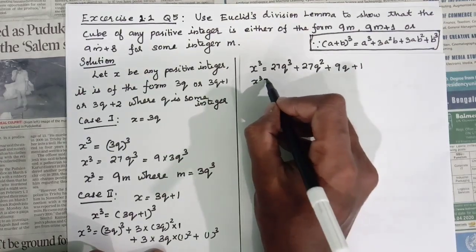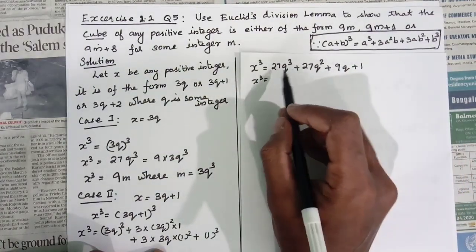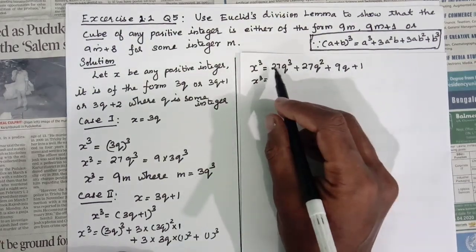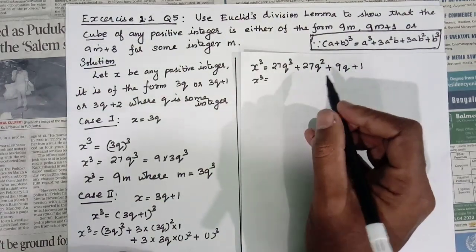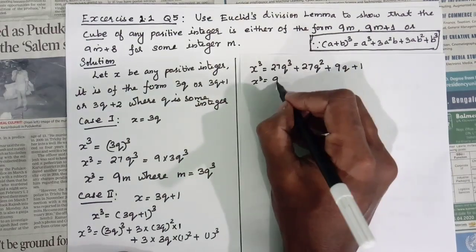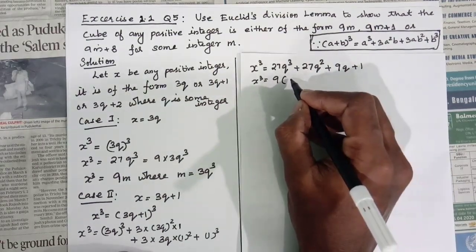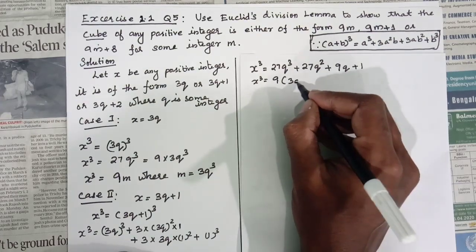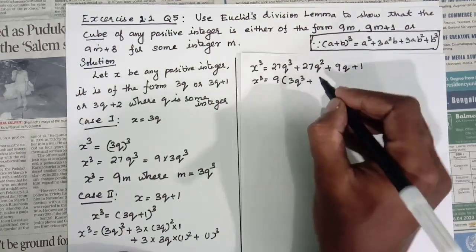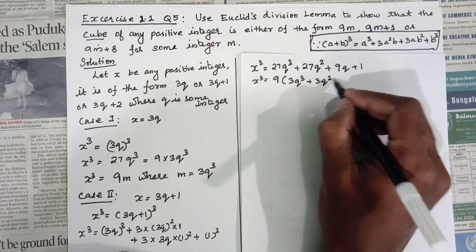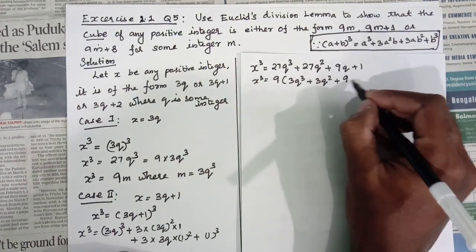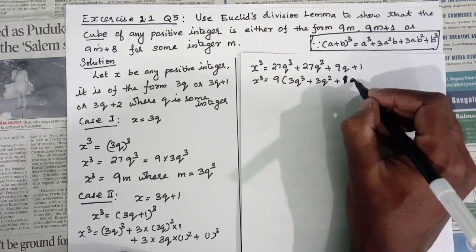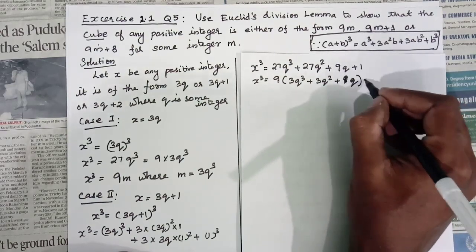So x cube is equal to, from these three terms, we can take 9 outside as common because these three are multiples of 9. When you take 9 outside, 3 nines are 27, so 3q cube, plus the same way 3q square, plus 1q, so q, plus 1.